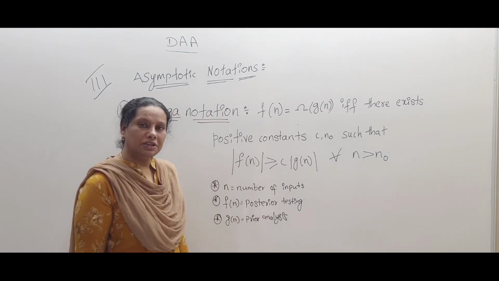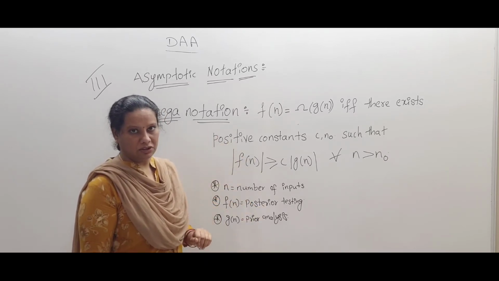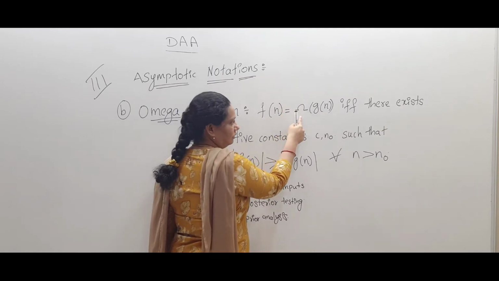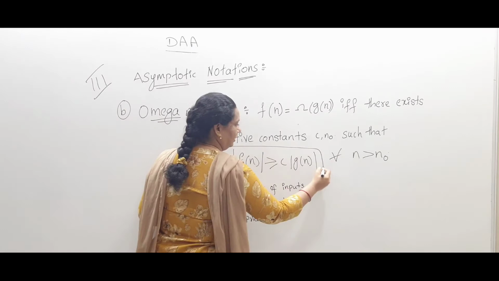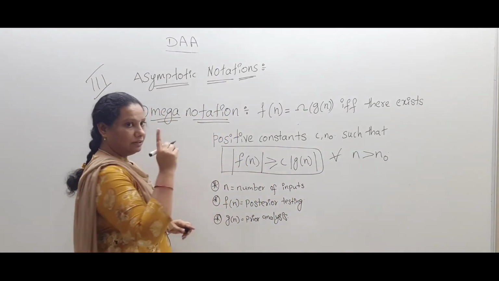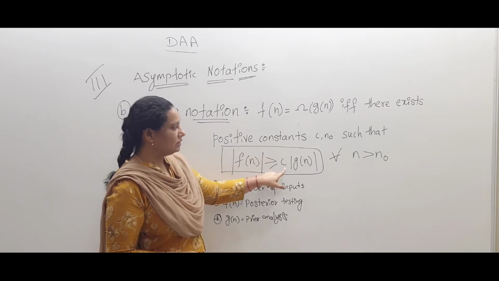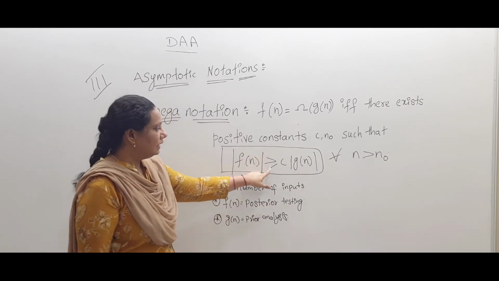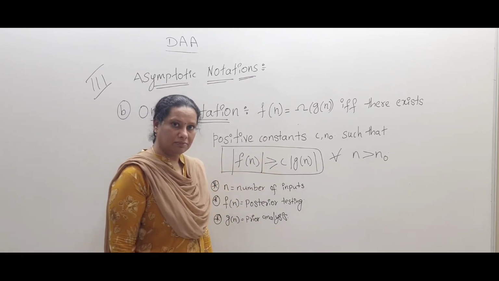Now what are the changes we are observing here compared to the previous notation? There we used O notation, here we are using omega notation. And what is the other change you are observing? The condition. There you write f of n is always less than or equal to c of g of n. But here you are making it greater than or equal to. By seeing the condition, what can you observe?